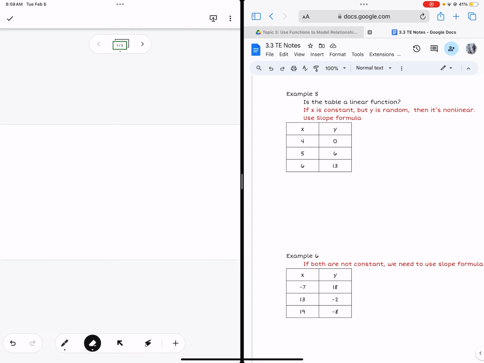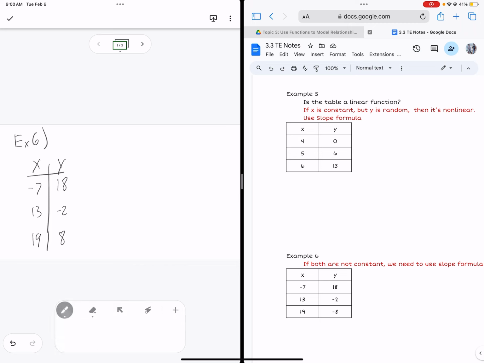Okay. Example 6, this is that tricky one where we have to identify patterns. You have x, y, right? So you're going to have -7, then you have 13, 19, then you have 18, -2, -8. We don't have patterns here because you're adding by 20, and then you're adding by 6, and then you are subtracting by 20, and then you are subtracting by 6.